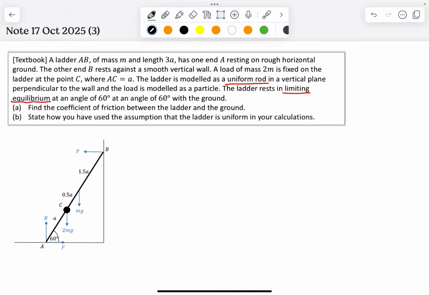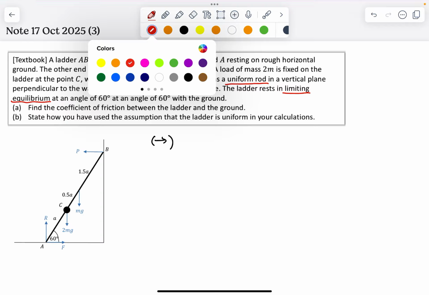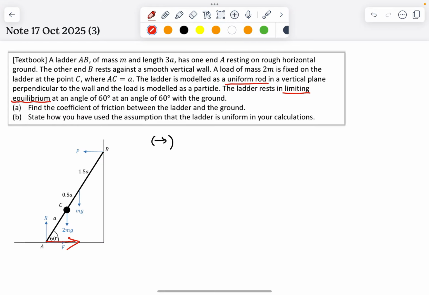Right, okay, so we want the coefficient of friction. So I'm going to start by resolving horizontally. What have I got? I have friction going in that direction, and the reaction force where the ladder meets the wall at B. So that means that mu R is equal to P, and it's mu R because the ladder is in limiting equilibrium.